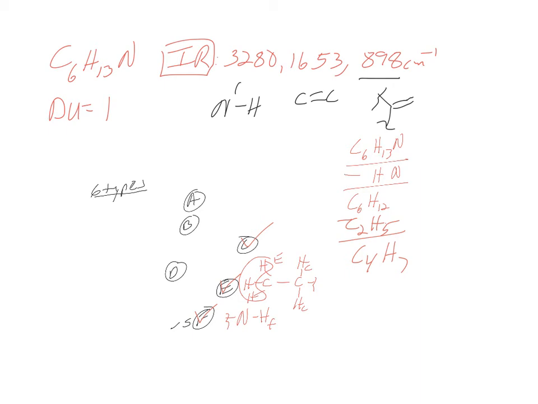We have a peak at 1.8. That's 3 H's, a singlet. That's D. So that's probably going to be a CH3 with no nearest neighbors. So for D, I would say it's just a CH3, no neighbors here.